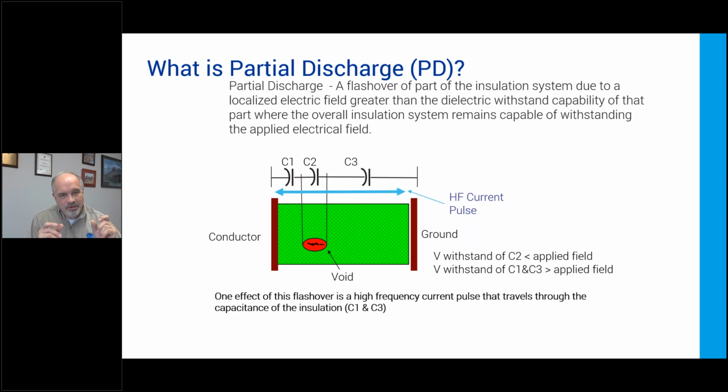The only way we change the voltage on a capacitor is to flow current through it. So what the partial discharge results in is a current pulse from conductor to ground or ground to conductor, depending on our polarity, to equalize the remaining charge on the remaining insulation. And so we get this high frequency unidirectional current pulse as a result of the discharge.